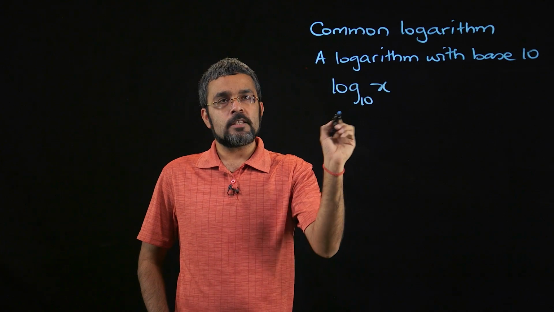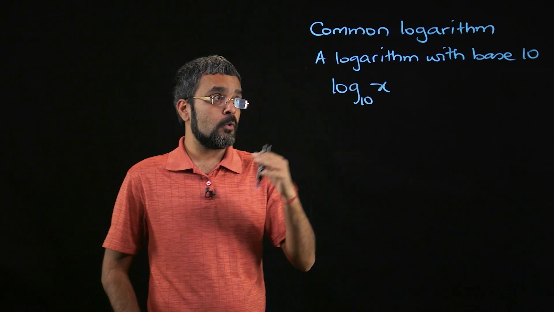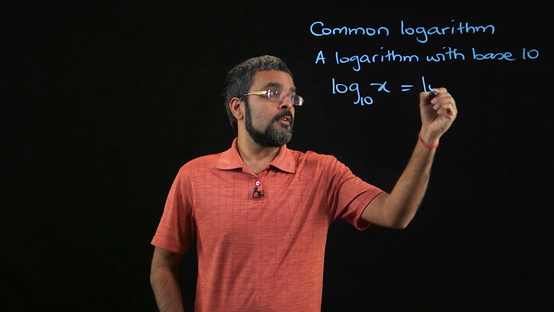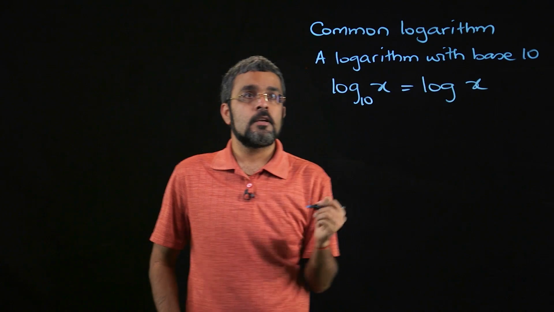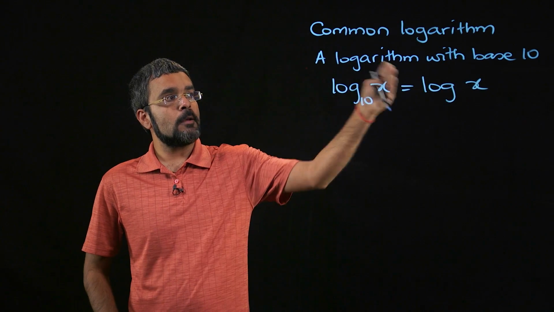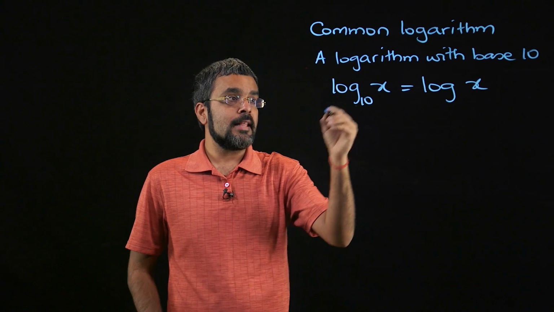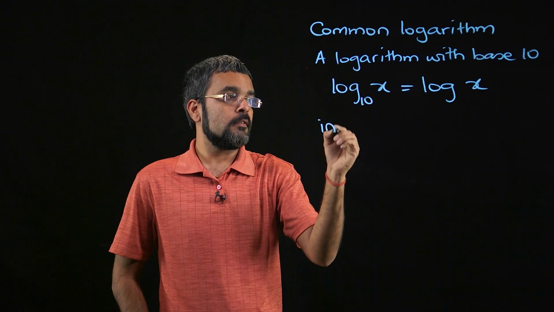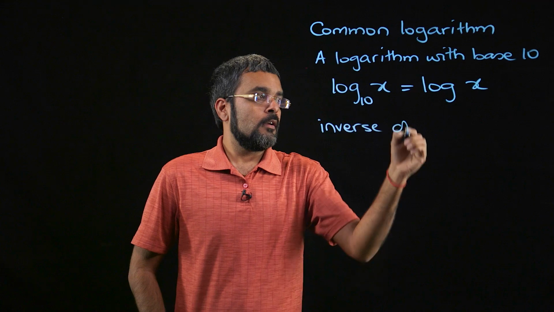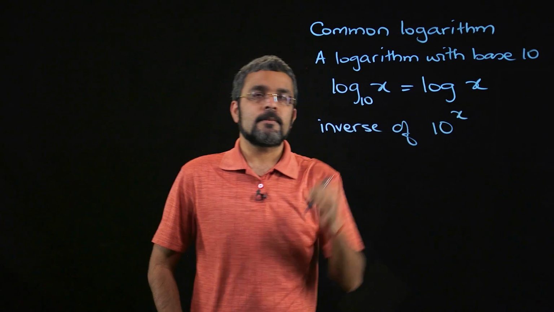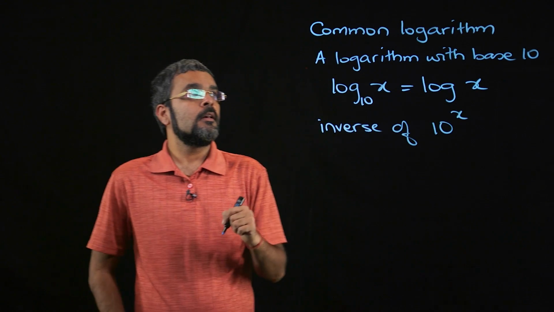When we have a base of 10, we tend to just skip it and not write it, so this is written as log of x. If I don't write a base, it's assumed that my base is 10. This is the inverse of the function 10 to the x.